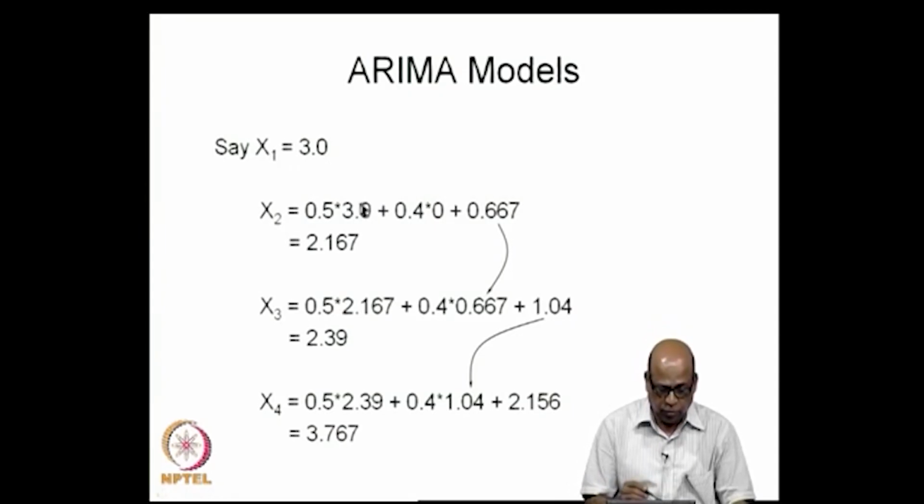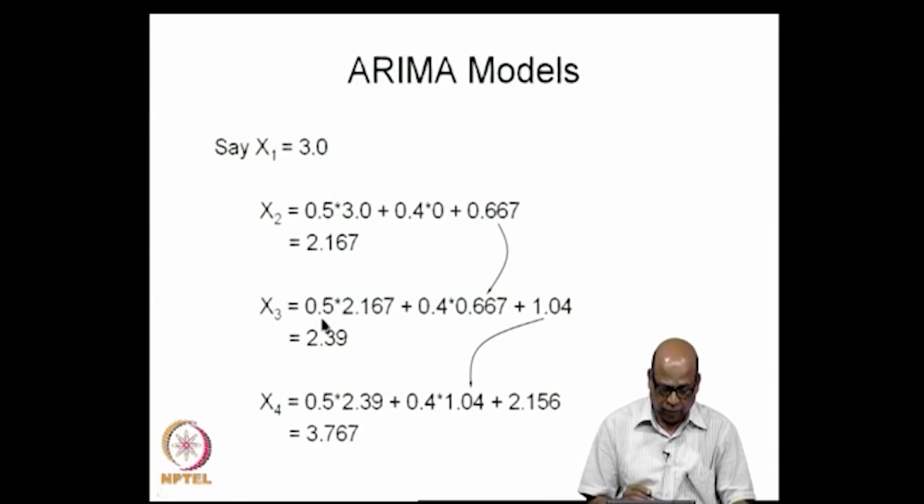So, I get x 2 is equal to phi 1 into x t minus 1, which is phi 1 into x 1, plus theta 1 into E t minus 1. To begin with, there is no E t minus 1 here, therefore, it is 0 plus E t. Now, this is the E t term that I am choosing from a set of numbers which have 0 mean and they are all uncorrelated. So, this is 0.667, I get 2.167.